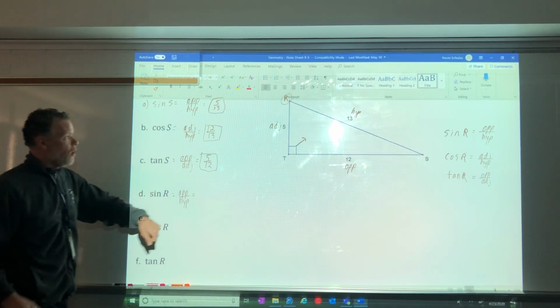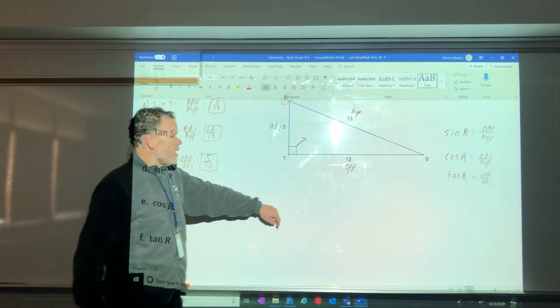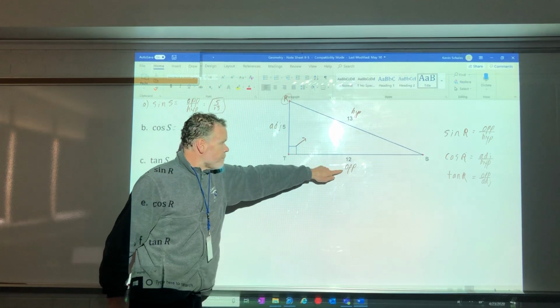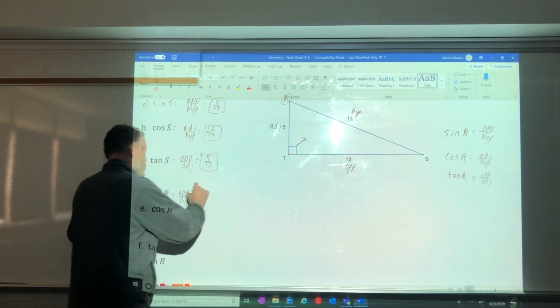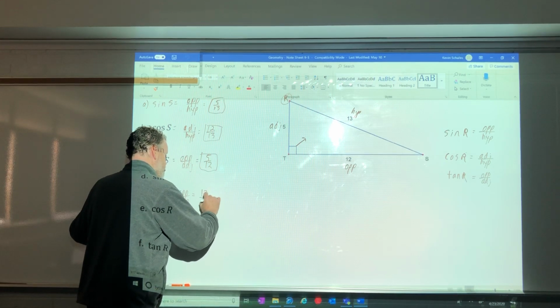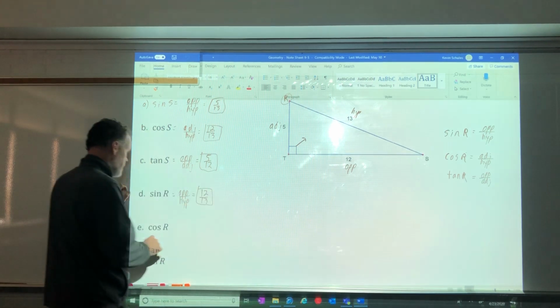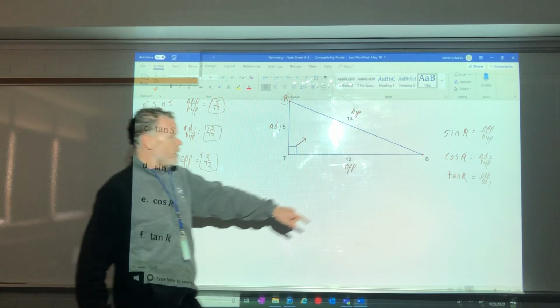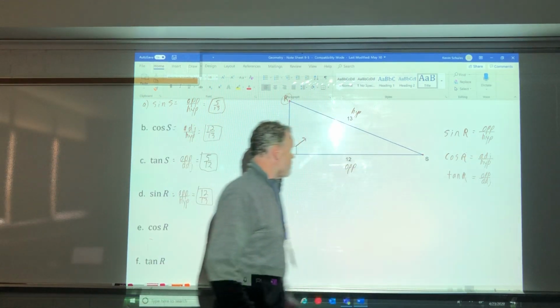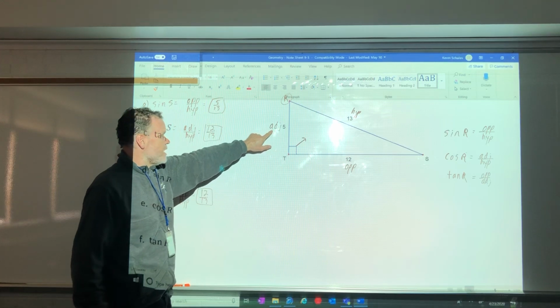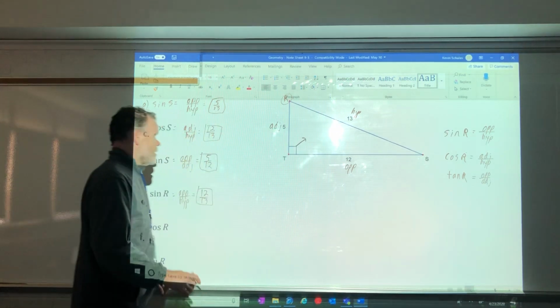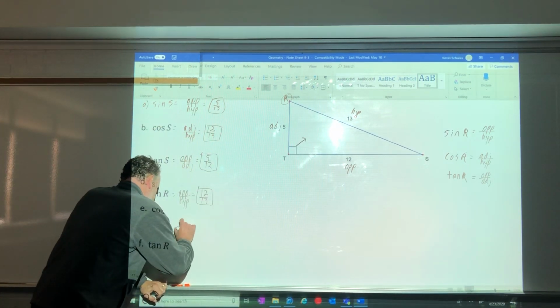So my sine of R is going to be, look at R, it's going to be opposite over hypotenuse. Okay, so my sine is going to be 12 over 13. Okay, my cosine of R, cosine is adjacent over hypotenuse.